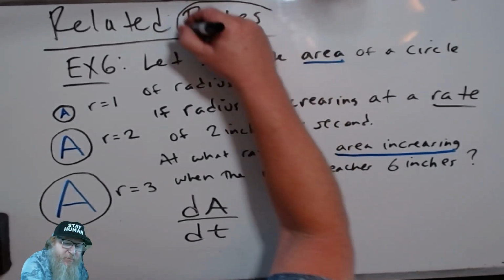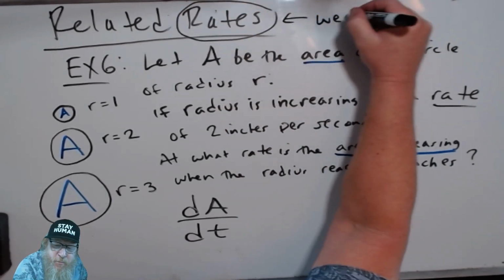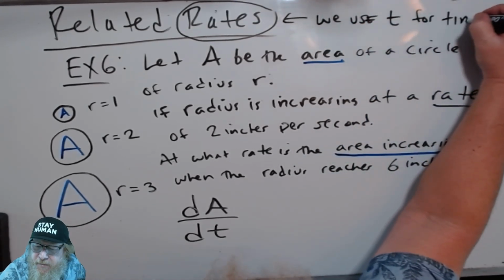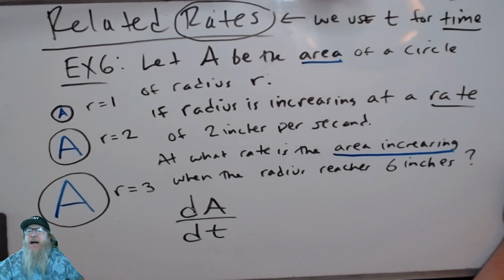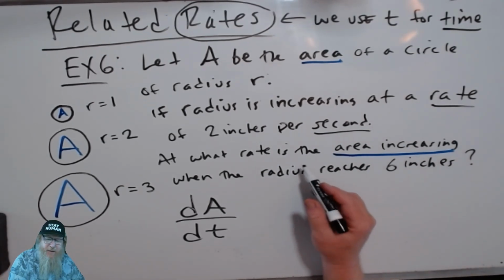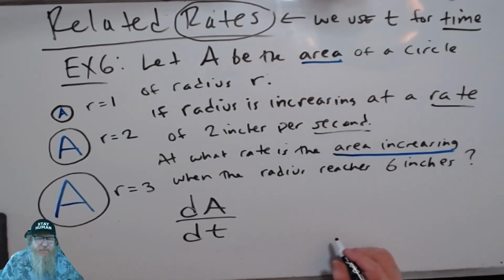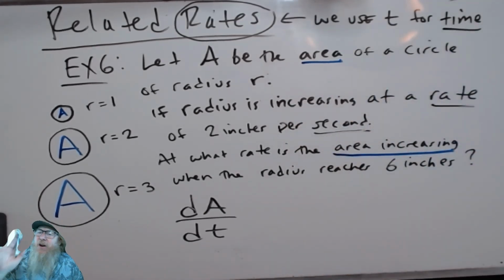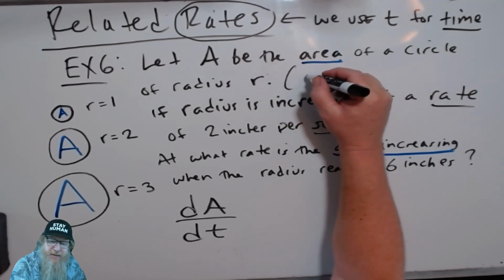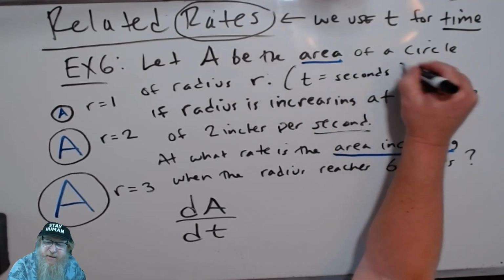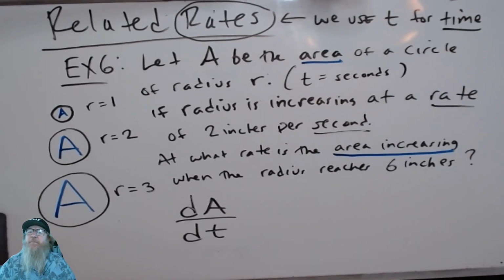So in related rates, we use t for time, and the time is going to be specified in the question. So in this question, it is specified as seconds. So t is for time. It's not always going to be seconds. T is the seconds in this particular example.